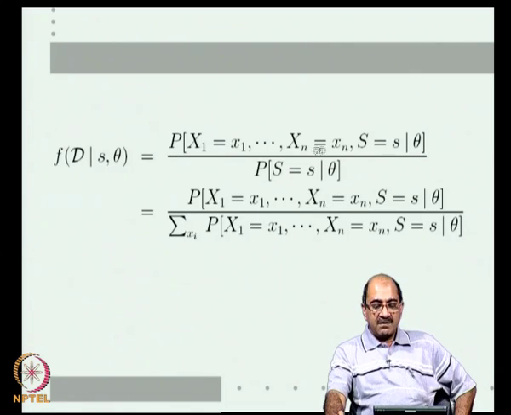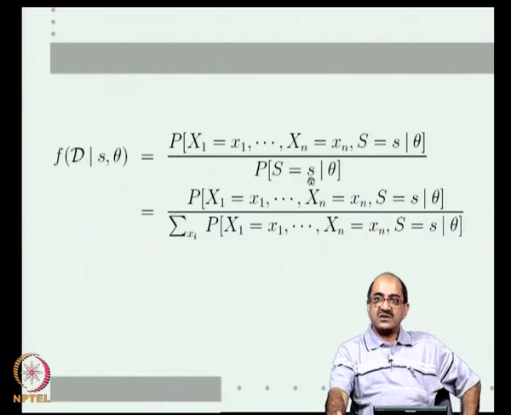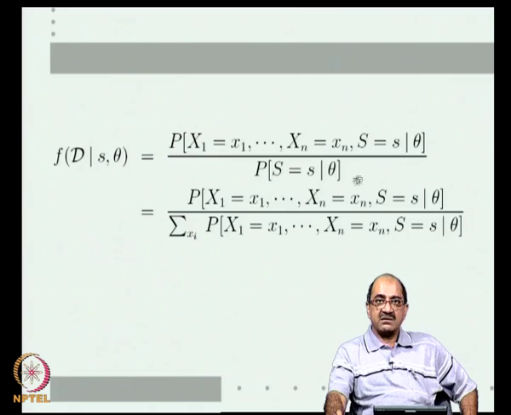Now, the marginal of S can be obtained by summing over the joint. I can take the joint of x1, x2, up to xn and s, and sum it over all possible xi, and I will get the marginal, the probability that S is equal to s. This is a true marginal mass function obtained by summing out all the other variables from the joint mass function.